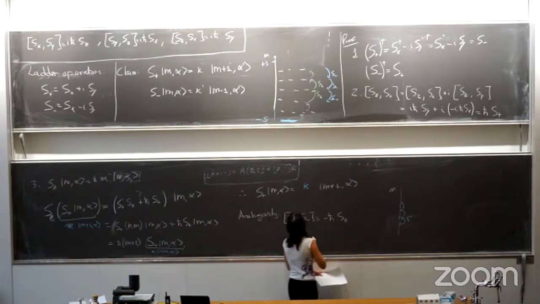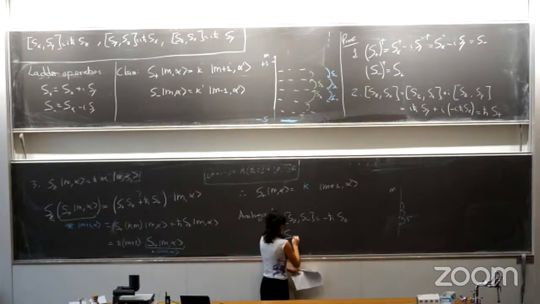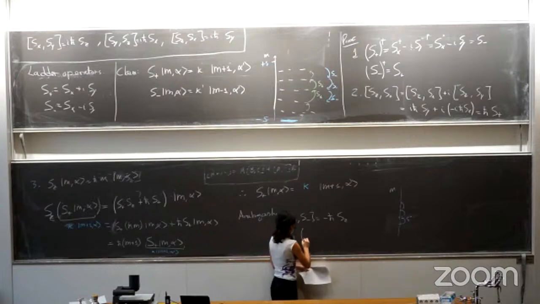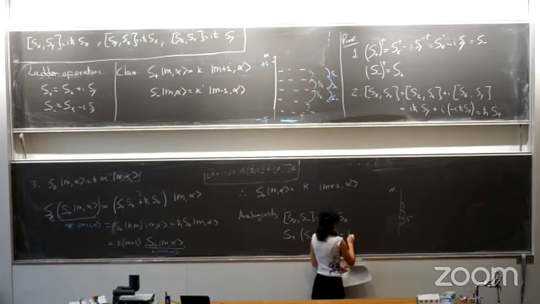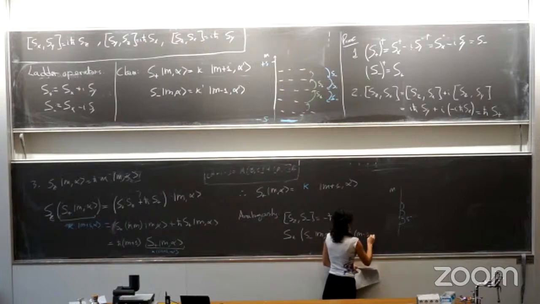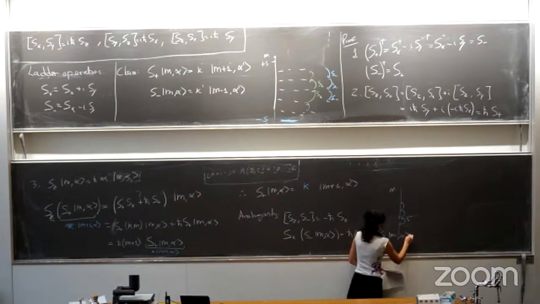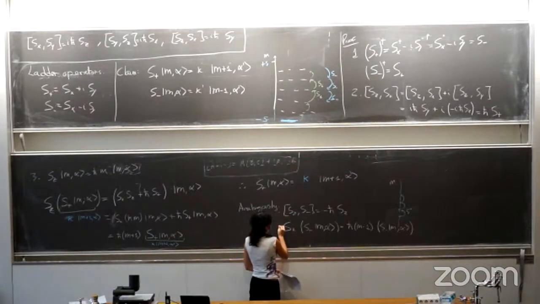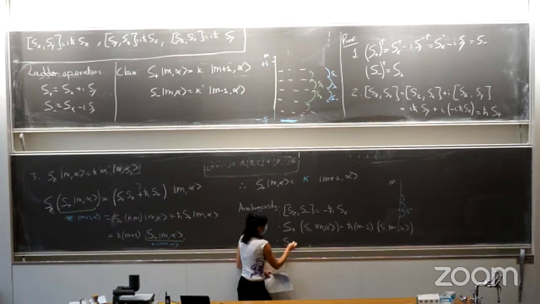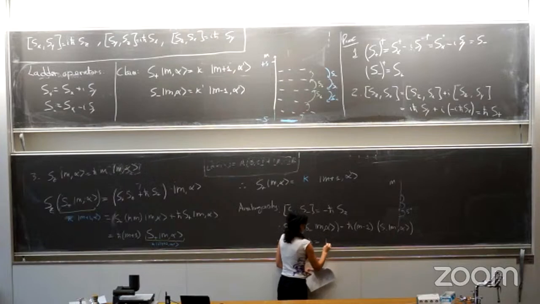So when you plug that in here, you get that S_z S minus |m, alpha> equals ħ(m minus 1) S minus |m, alpha>, which means that S minus |m, alpha> is again an eigenstate of S_z with eigenvalue ħ(m minus 1).